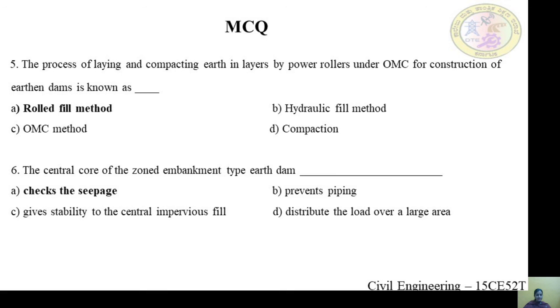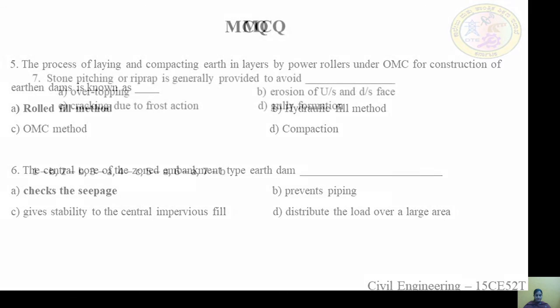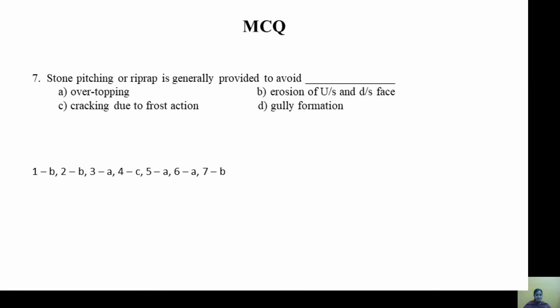The process of laying and compacting earth in layers by power rollers at OMC in construction of earthen dam is known as the roll fill method. The central core of the zoned embankment type earth dam checks the seepage, and stone pitching or riprap is generally provided to avoid the erosion of upstream and downstream faces.